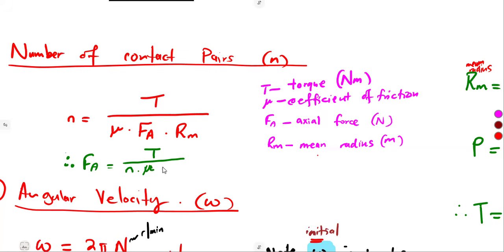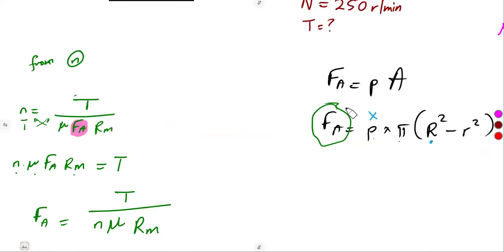This is what we saw when we manipulated and made it the subject of the formula. That gives us our axial force in newtons, so we can add it as part of our formulas.